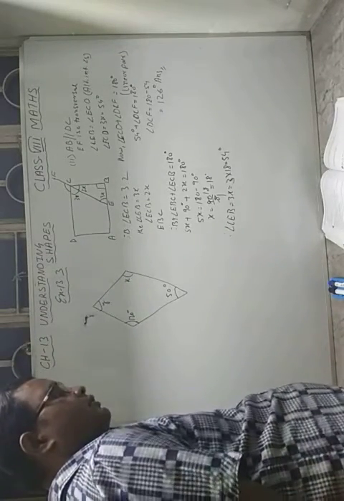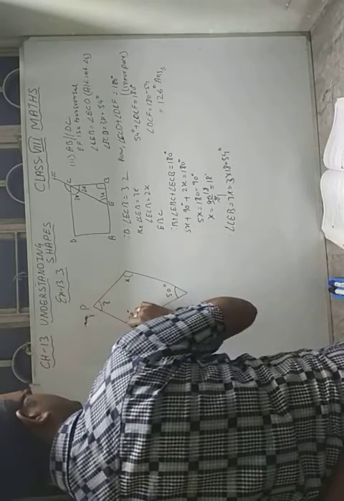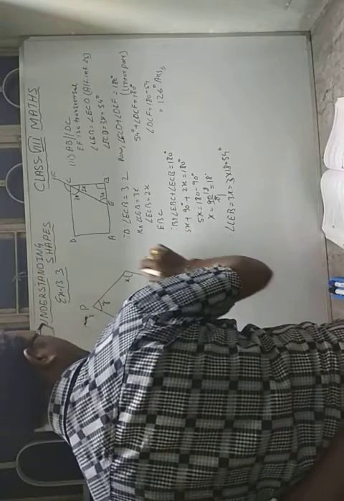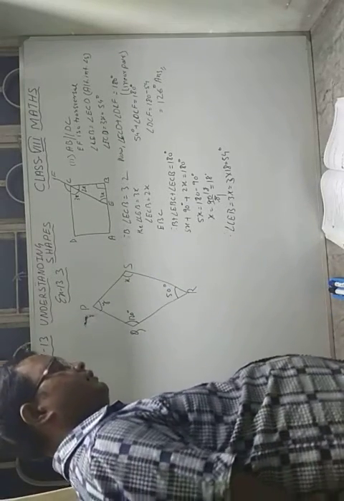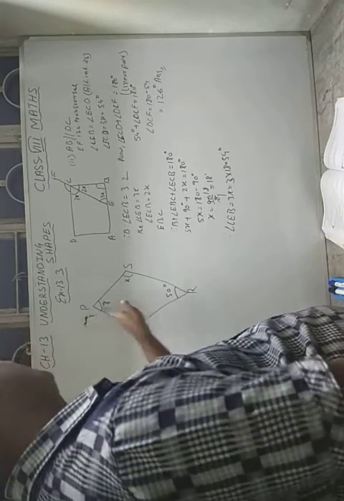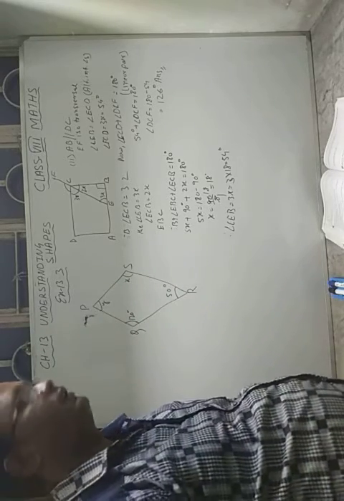So here in the question it is PQRS, it is P, Q, R and S. The kite is given and you have to find the value of x and y. How will you find this x and y?